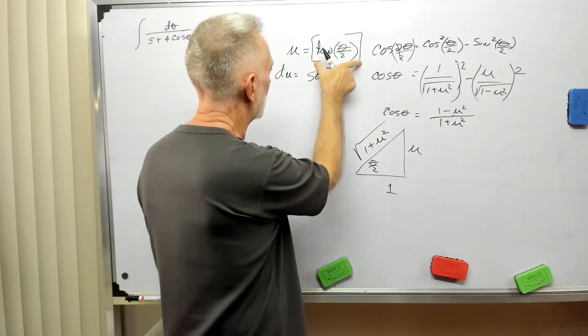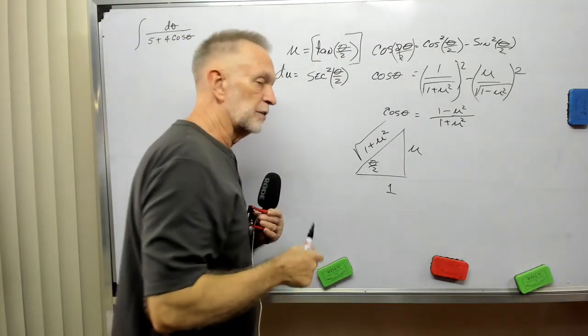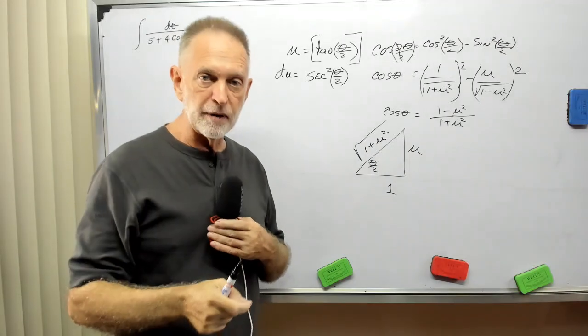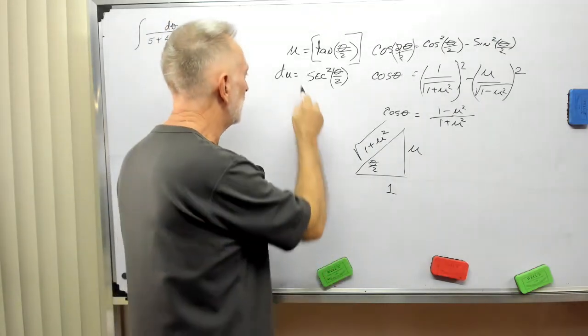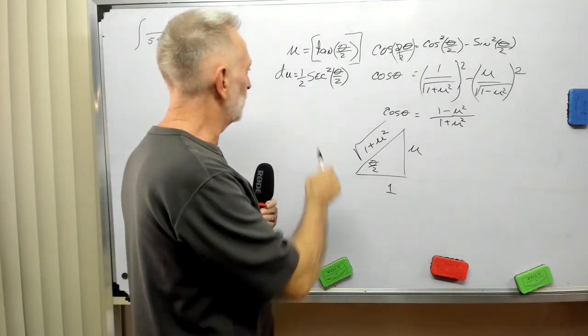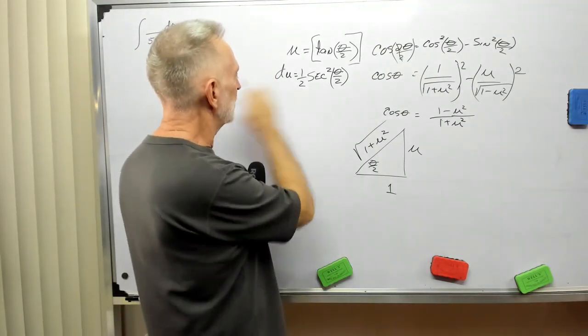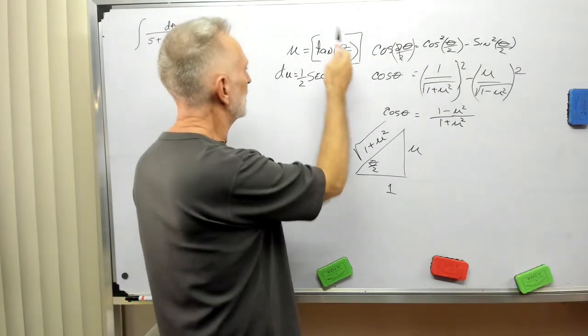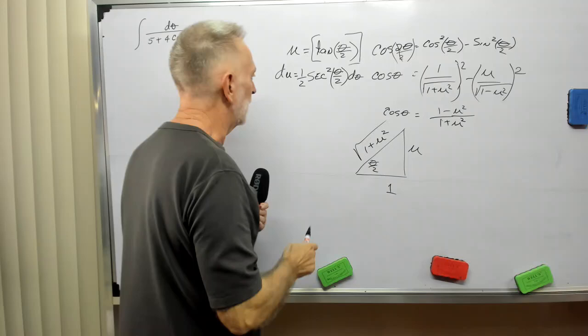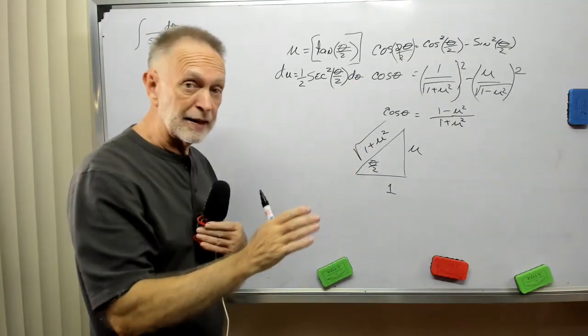Now that's the outside function. The inside function is 1/2 theta. So if I'm taking the derivative of 1/2 theta, now it's the constant multiple rule. 1/2, I pull that out, times the derivative of theta is d theta. So now I have my d theta.